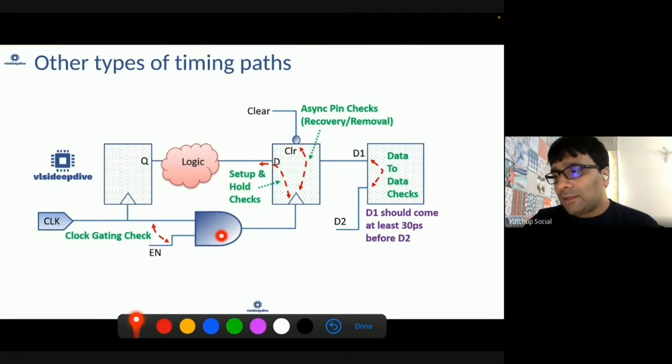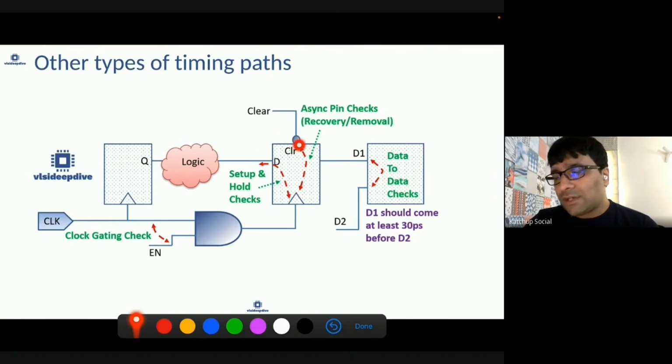In addition to that, there are async pin related checks, like reset pin, clear pin or set pin checks, and these checks are also related to clocks. Basically, the checks ensure when the reset can deassert with respect to the clock.